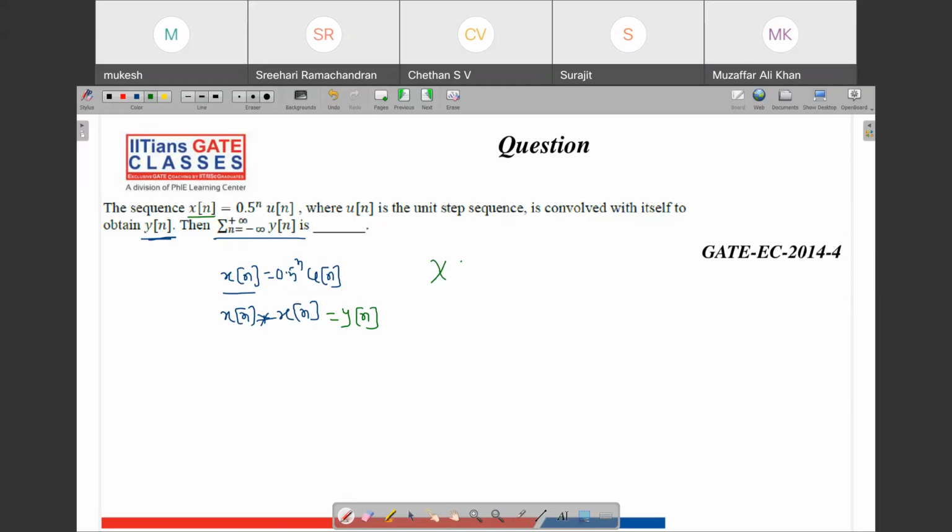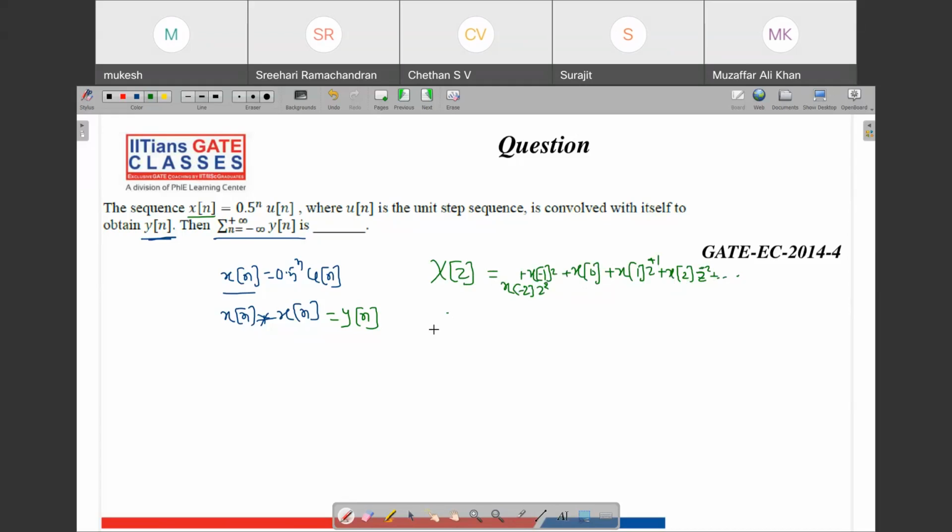Here you have to use a very interesting thing. So when you have a x of z, you can write it like this: x of 0 plus x of 1 z inverse plus x of 2 z to the power minus 2, and so on. And similarly on the negative side, you can write x of minus 1 z plus x of minus 2 z square, and so on.